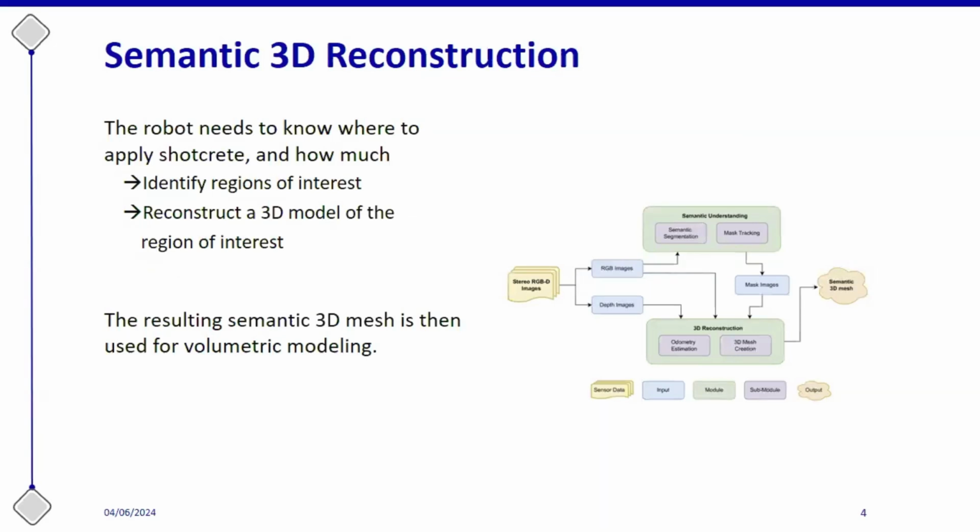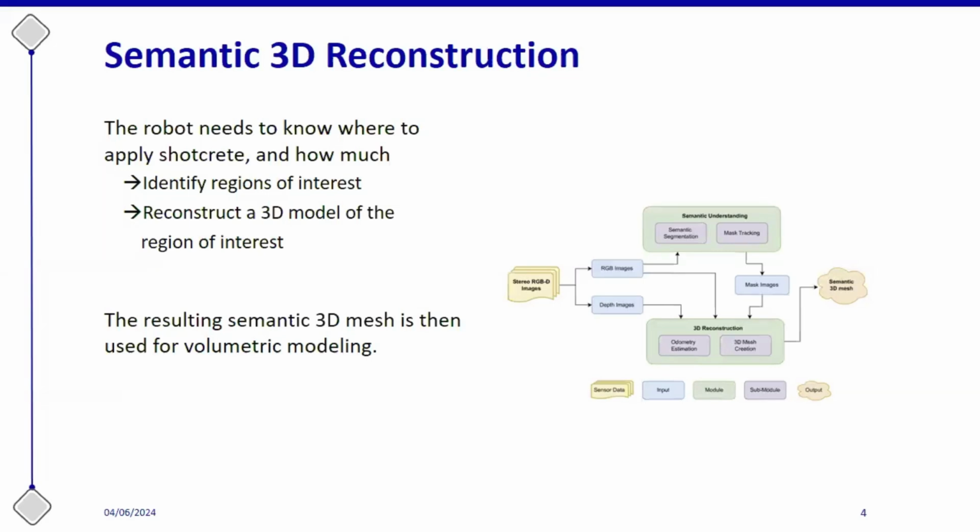A robot would need to know where to apply concrete and how much. So what we first need to do is to identify regions of interest. We are talking about reinforced concrete and reinforced shotcrete, so the areas where we need to apply concrete can be identified by finding regions where we have exposed reinforcement bars.